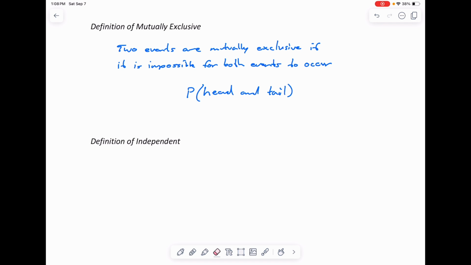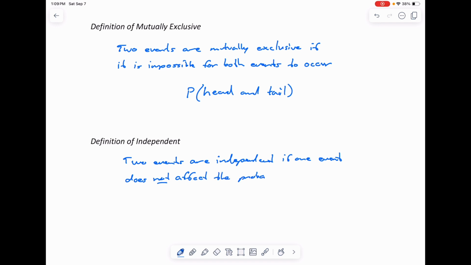Independent says this: we're going to say that two events are independent if one event does not affect the probability of the other.